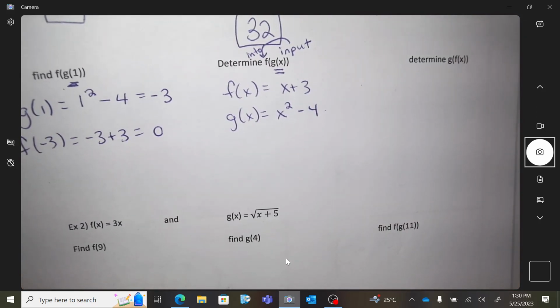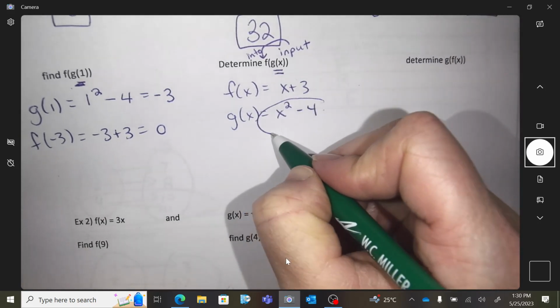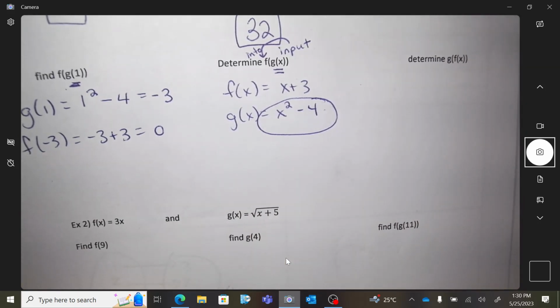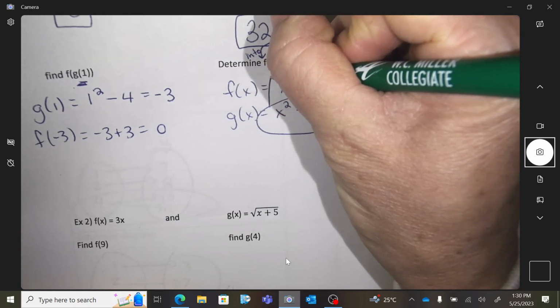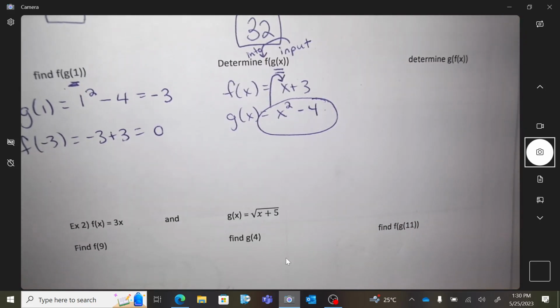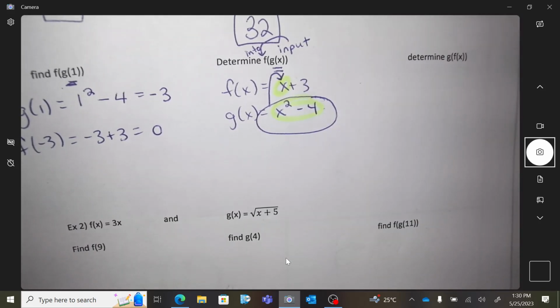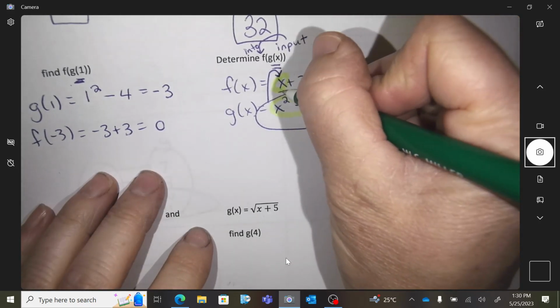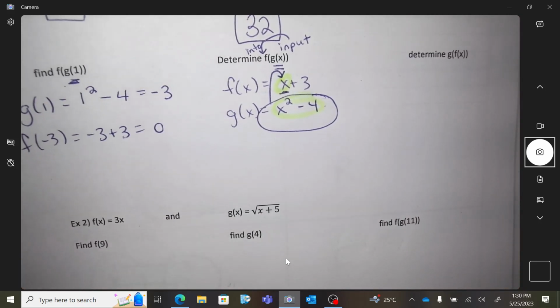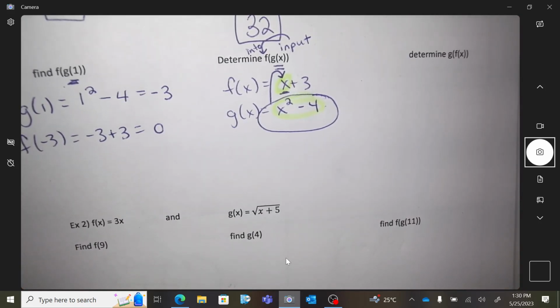So this is what it's going to look like. I'm going to take this input and I'm going to plug it in to the input of this function. You only are replacing the x. So you take the input and you plug it in to replace the x.